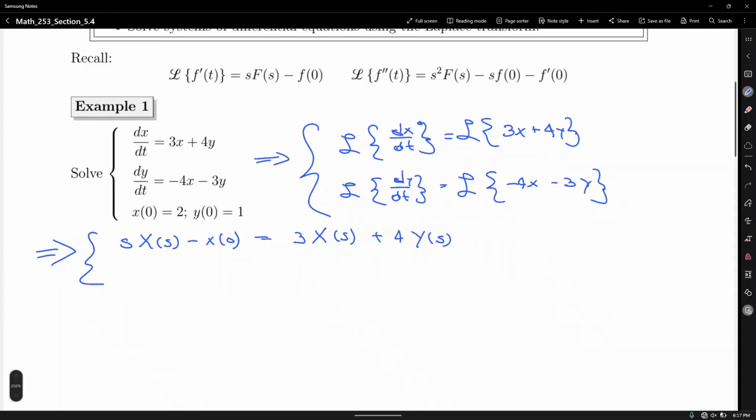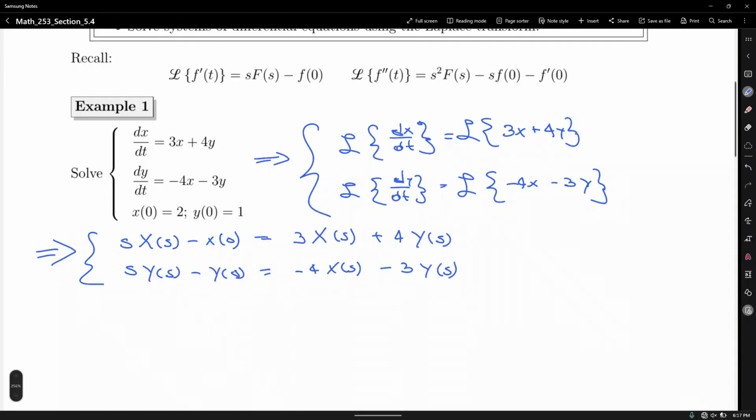Now for the second equation, the Laplace transform of the first derivative of y with respect to t will be s Y(s) minus y(0) equals negative 4 X(s) minus 3 Y(s). And we're done taking the Laplace transform, aren't we?